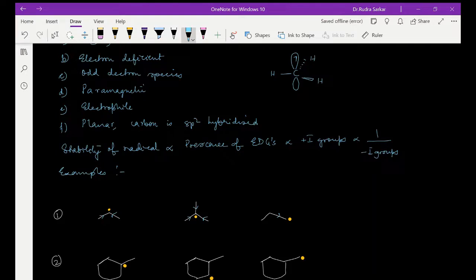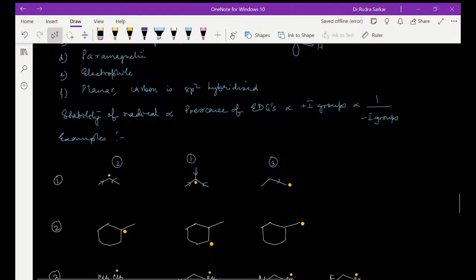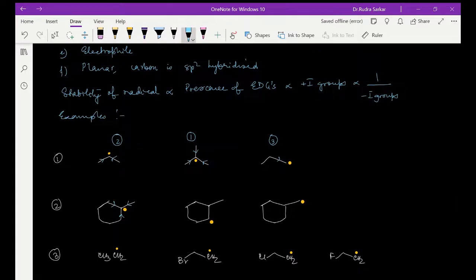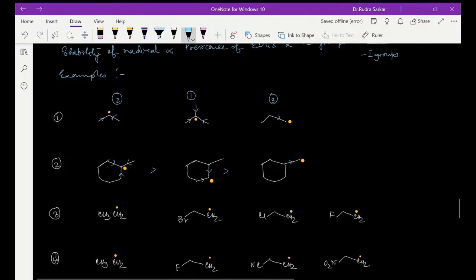So obviously stability of the second molecule will be the most, followed by the first, and at last we will have this one. Again, electron donation is happening from the 3 carbons over here. In this case from the 2, and here in this case it is only happening from 1 carbon. So obviously this is most stable, followed by the second one, followed by the last one.